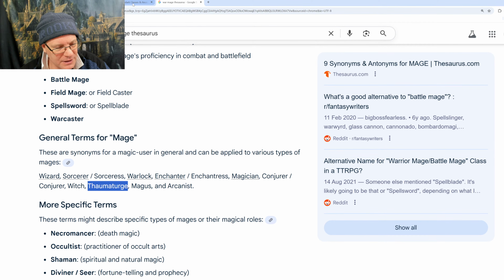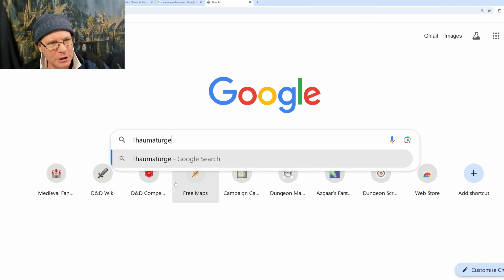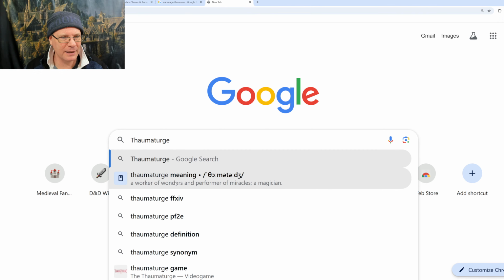I don't think I've used this name, Thaumaturgy. I don't know that I've used that. I'm not sure that I'm a huge fan of that as an option. Thaumaturgy. Define. Meaning, a worker of wonders and performer of miracles, a magician.